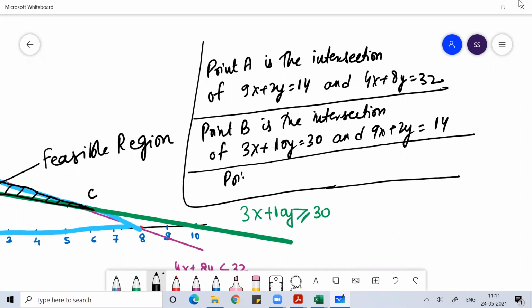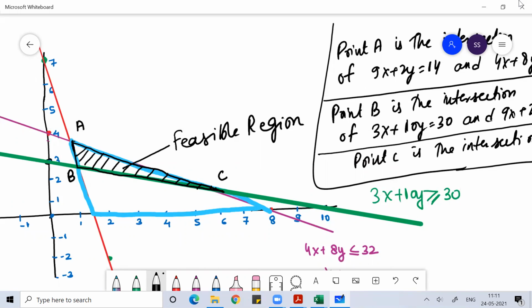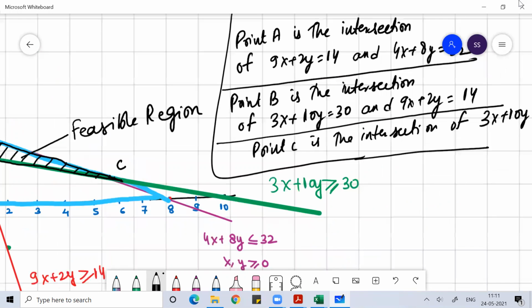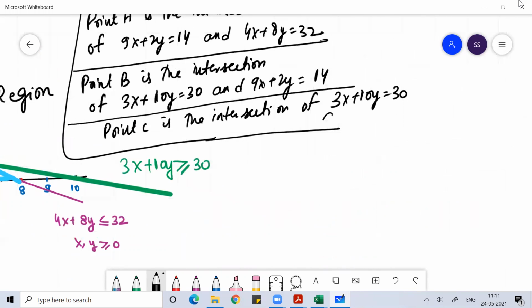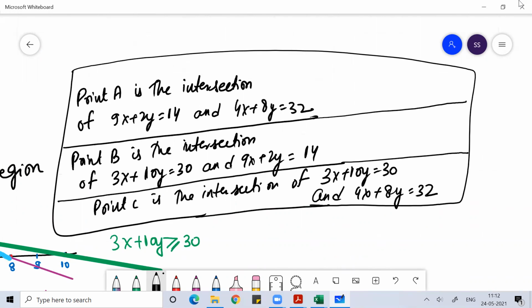And point C, it is the intersection of 3x plus 10y equal to 30 and 4x plus 8y equal to 32. Can you understand this?